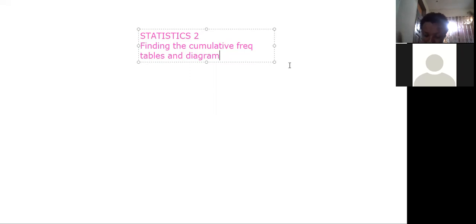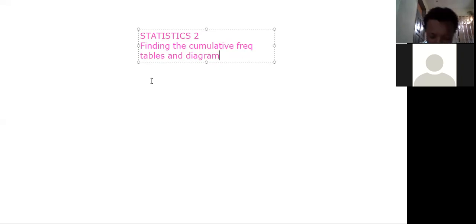So for instance, if you have grouped data, maybe 1 to 10, 11 to 20, 21 to 30, 31 to 40, you are going to find its cumulative frequency. I'm just going to teach you how it works.